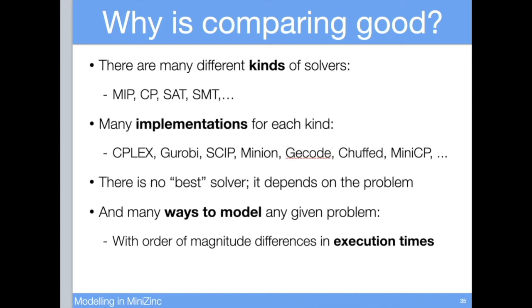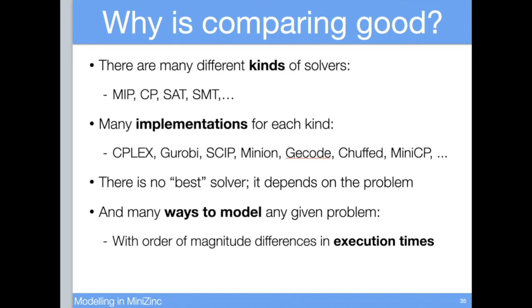We built it in a way which I thought was perfect for a CP solver, and in another way which we thought was perfect for a MIP solver. And it turned out that the model which I thought was perfect for the CP solver was actually more efficient for the MIP solver, and the other way around. So even experts like me don't necessarily know which solver is going to be best for which model.